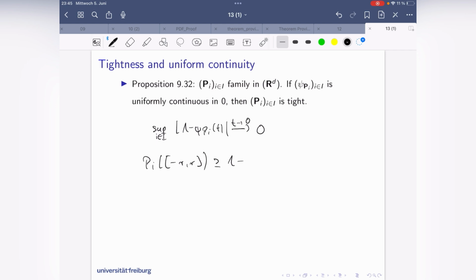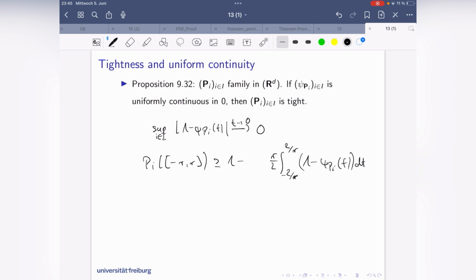Then the result I just write down: minus r over 2 times the integral from minus 2 over r to 2 over r of 1 minus psi pi I of t dt. So that's exactly the result that we had.